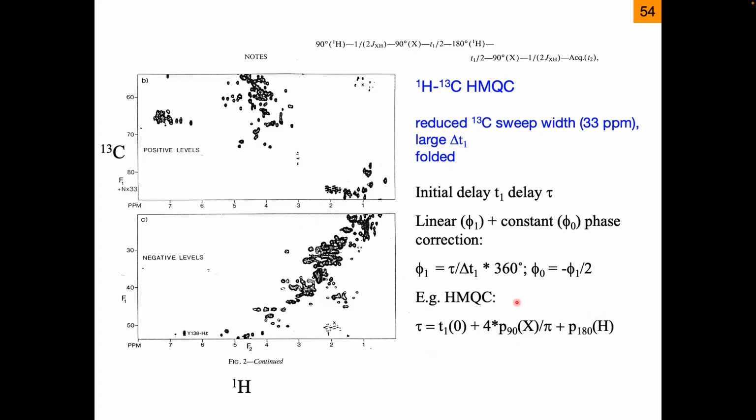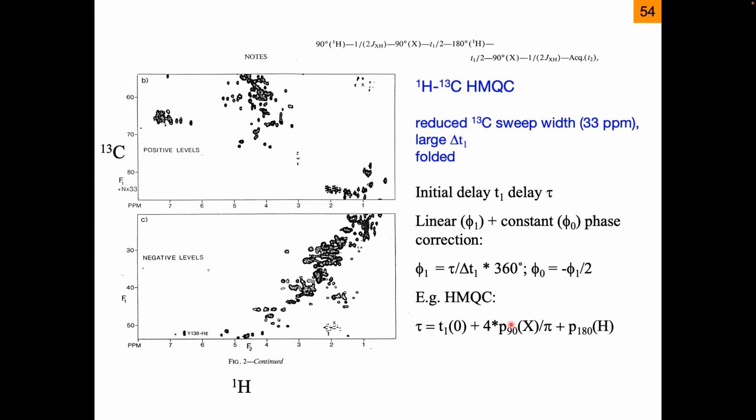And then what I was talking about is the length of the 90-degree carbon pulses times 2 divided by pi. But I have 2 of them at the beginning and at the end, therefore it is 4 divided by pi times this 90-degree pulse length. And with this, I can calculate exactly what the first order phase should be.